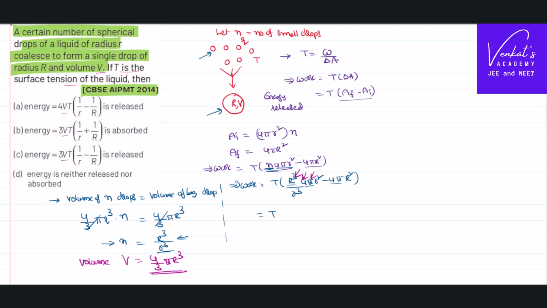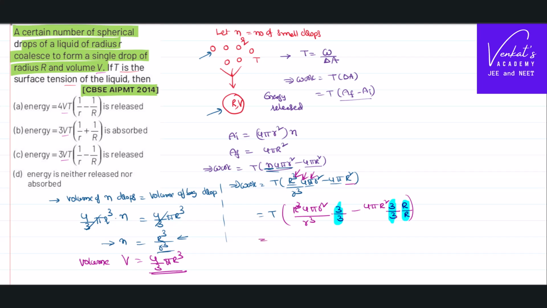So for each term, I will multiply with 3 and divide with 3. In the first term, 4 pi r square by r cube is multiplied by 3 divided by 3. In the second term, minus 4 pi R square, only R square is there, so multiply with 3 and divide with 3. But I need R cube, so I'll multiply with an R and divide with one more R. See carefully, I multiplied and divided with 3 and with R, so our basic equation does not change in any way.